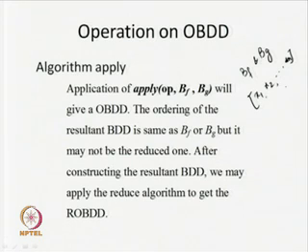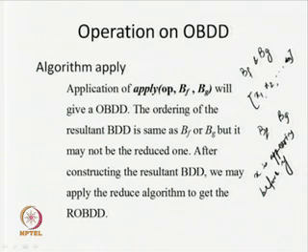Okay. So, what we said is compatible variable ordering. Say I have BDDs BF and BG. In BF, if x appears before y in the ordering, then that should be satisfied in BG also. x must appear before y in BG also.